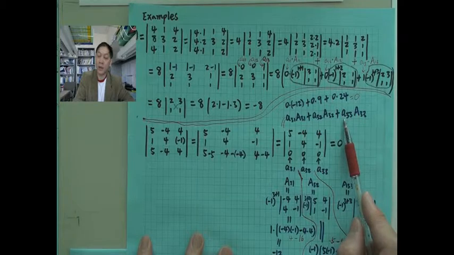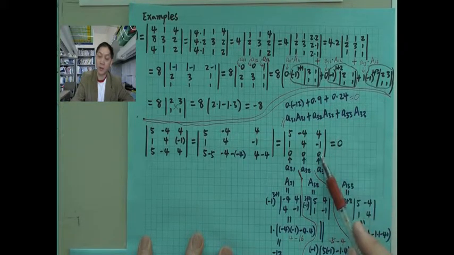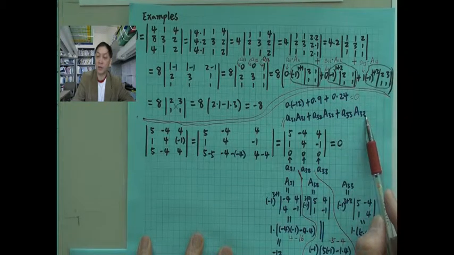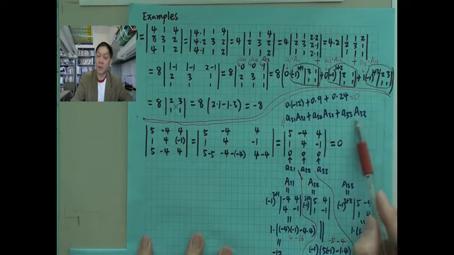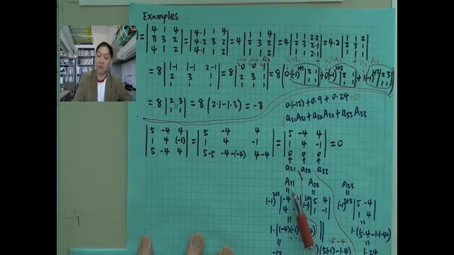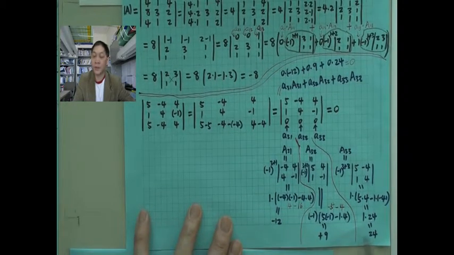And then again, a33 is this one. This element is also 0, times the corresponding cofactor. This is 0. 0 times anything is 0. Actually, I figured out the cofactors right here for you. You may look at the details.